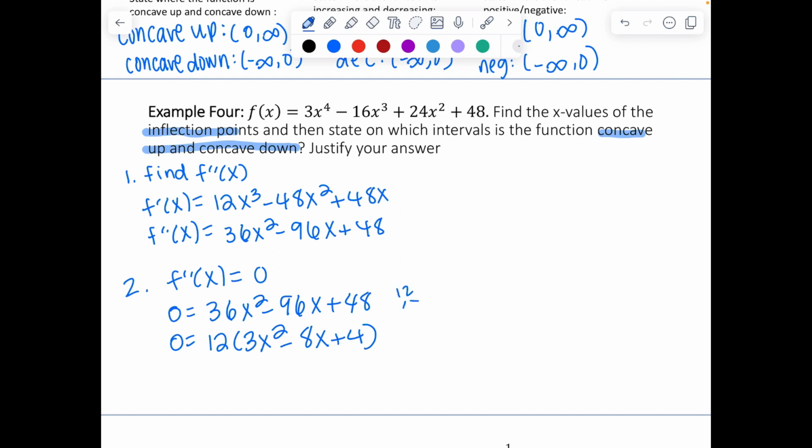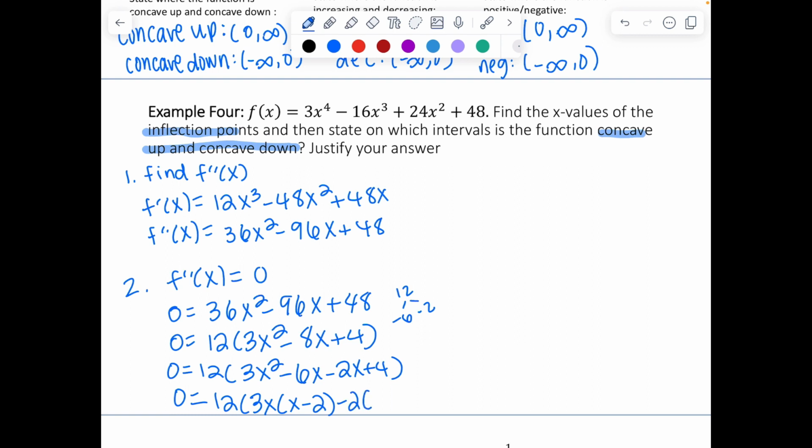And then -6 and -2 multiply to 12 and add up to -8. And remember, you only factor by grouping when the a value is not equal to 1. 3x I'll pull out, x minus 2. I'll get 0 equals 12 times 3x minus 2 times x minus 2.